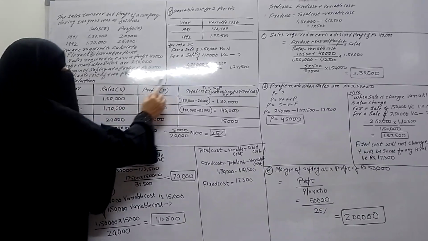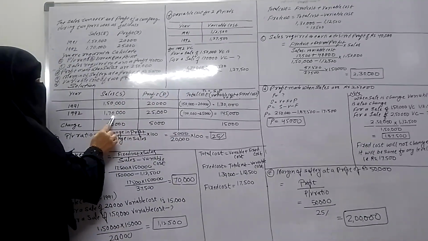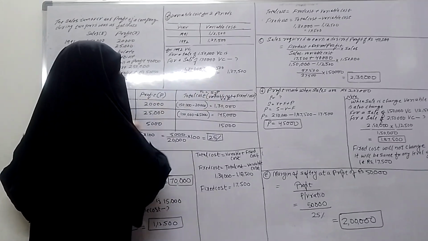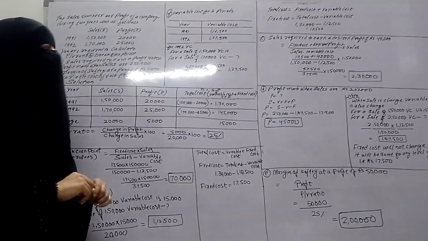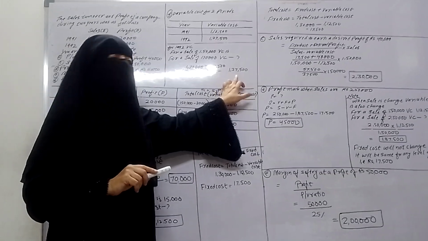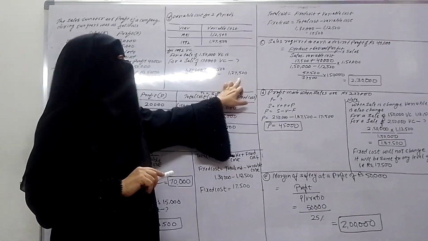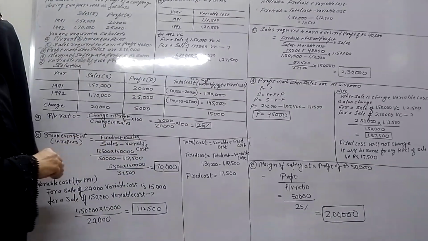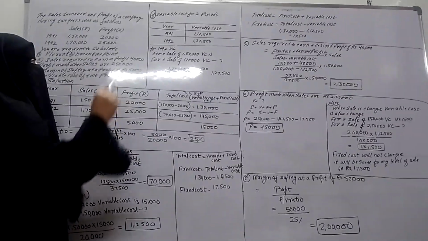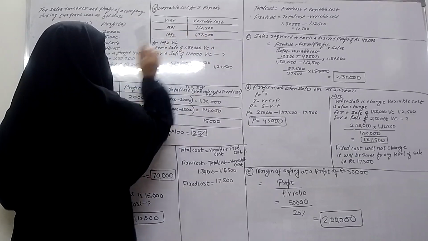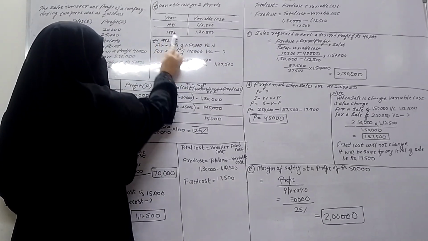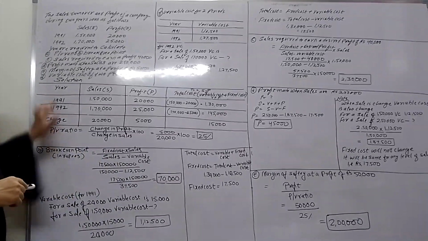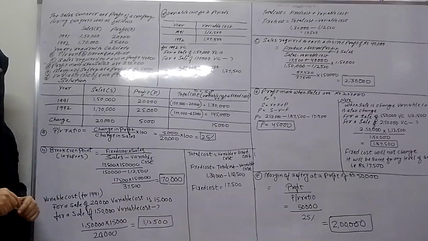So for a sale of 1,70,000, the second year sale, variable cost how much? So 1,70,000 into 1,12,500 divided by 1,50,000. The variable cost is 1,27,500 for 1992. So the variable cost for the first year 1991 is 1,12,500, and for the second year 1992 it is 1,27,500.